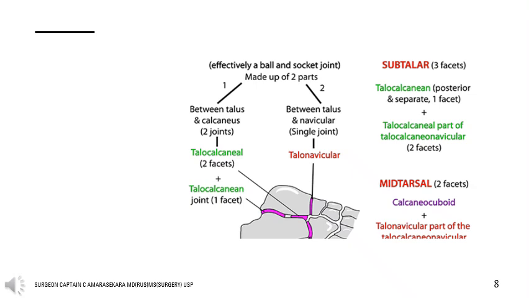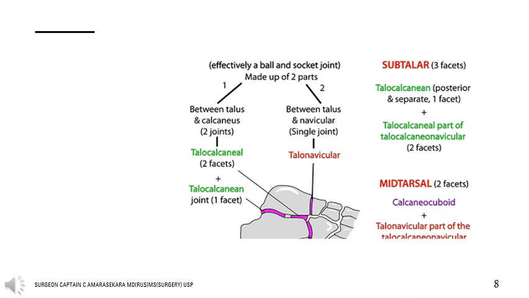It consists of two talocalcaneal joints with two and one facet respectively, and the talonavicular joint. These articulations work together to absorb rotational forces and adapt to uneven terrain. So this is the joint that makes the adaptation when you are walking over uneven terrains.